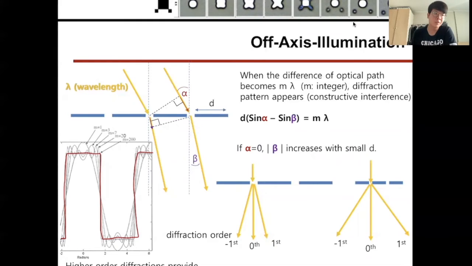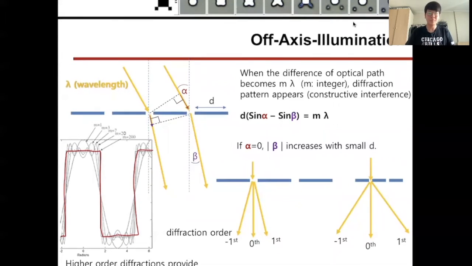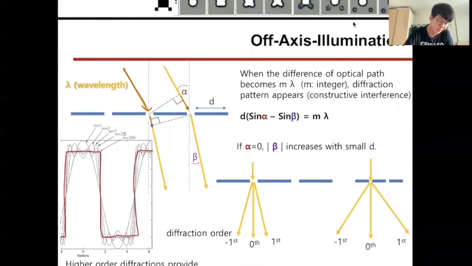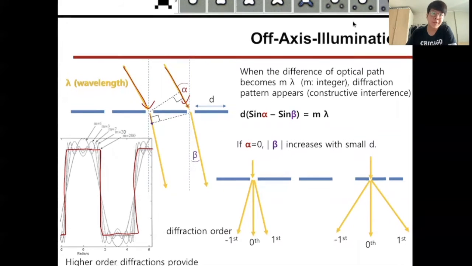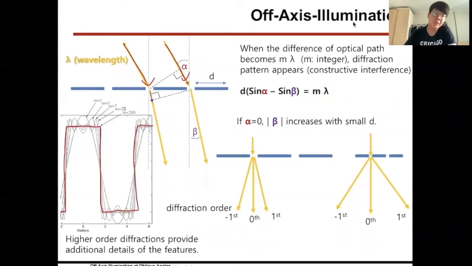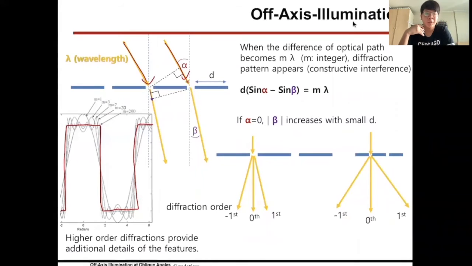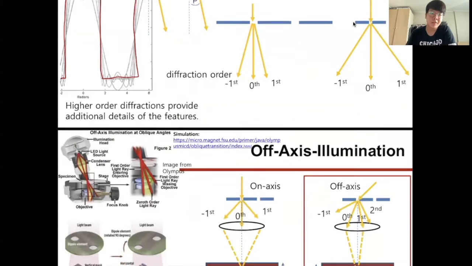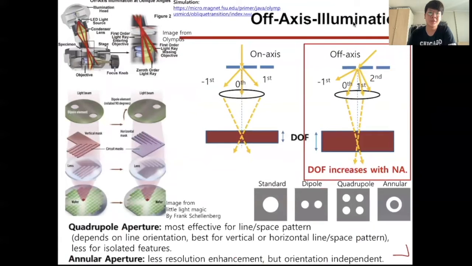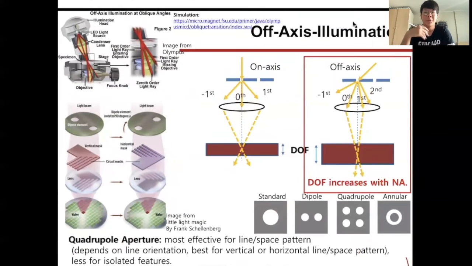So using this method, by altering the light source's optical degrees, it can make more exact, higher resolution patterns. So we use this off-axis illumination.